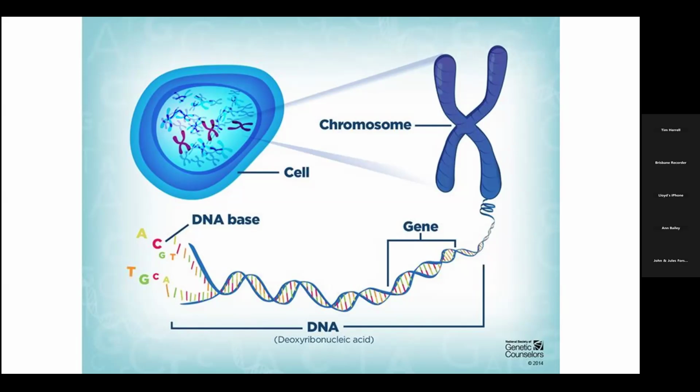One is related to our sex organs, so either XX or XY. Within those chromosomes is the DNA, and then segments of that DNA make up the gene, and that tells the cell what that cell is. So whether that cell is going to be a hair cell or a heart cell or a skin cell, whatever it might be, that's what the gene is telling that particular cell to do.